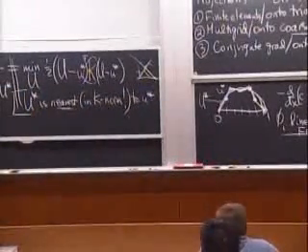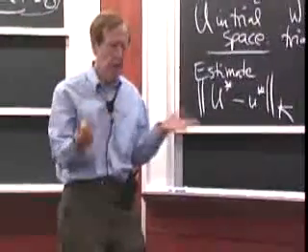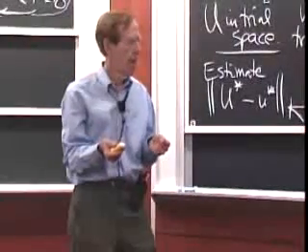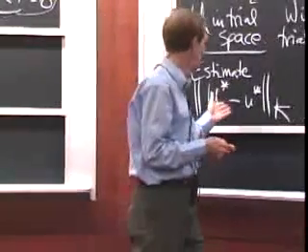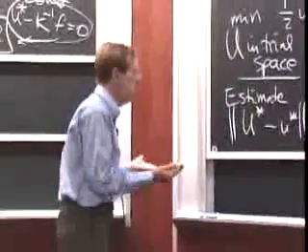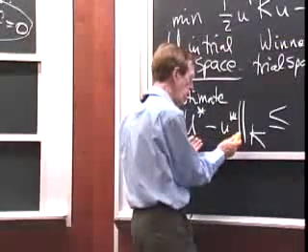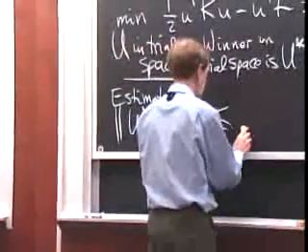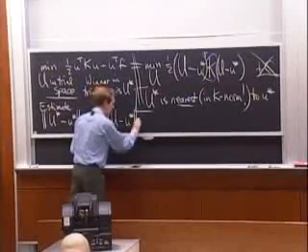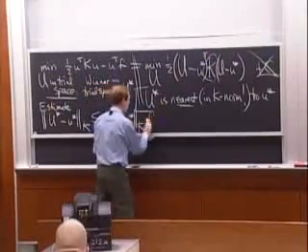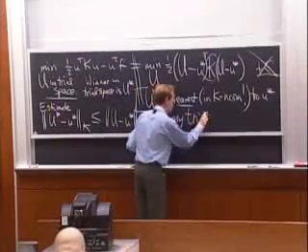Well, here's the idea. Look at a convenient candidate that might not be the winner. Because this was as small as possible, this is less than or equal to u minus u star, always in the correct measure, for every trial function u.